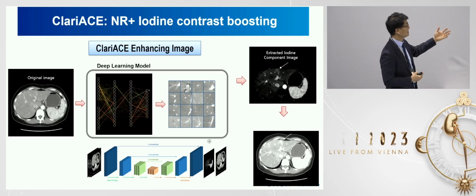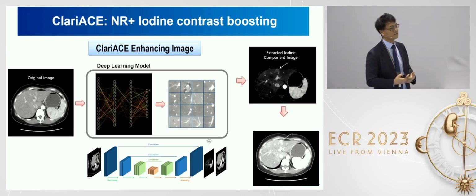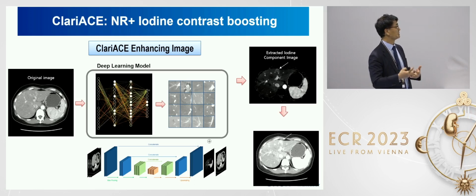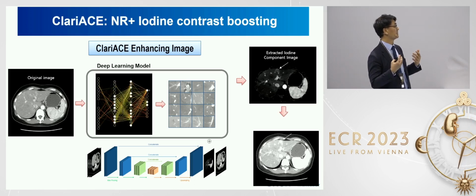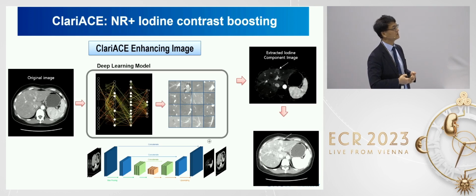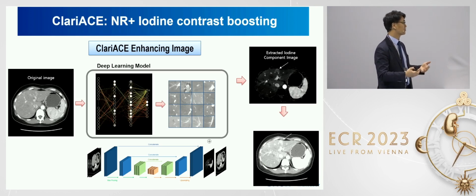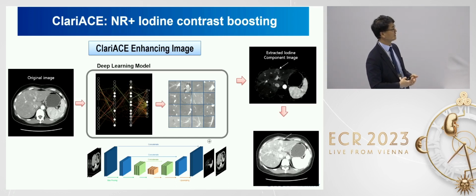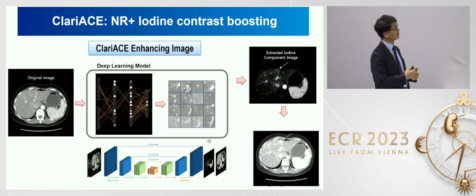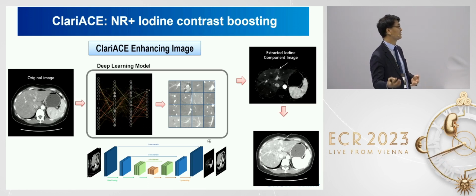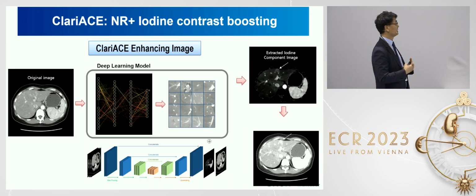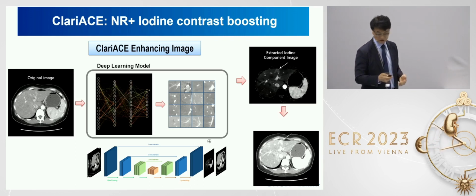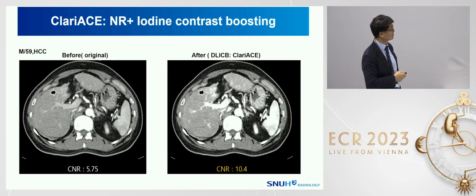This deep learning algorithm was trained using a lot of dual energy CT images, including virtual non-contrast and iodine map. Using that iodine map, we can adjust the iodine boosting from 0% to 100%. So at maximum, we can double the iodine contrast up to 2 times over standard images.